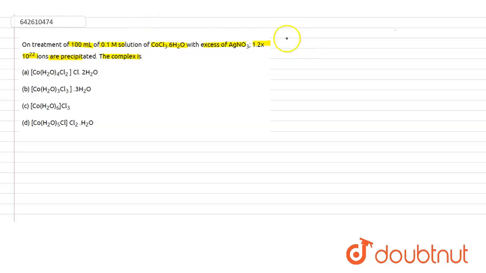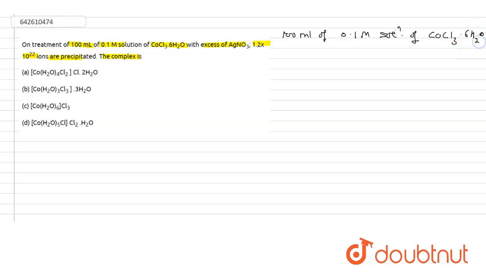We have 100 ml of 0.1 molar solution of CoCl3.6H2O, which is our compound.